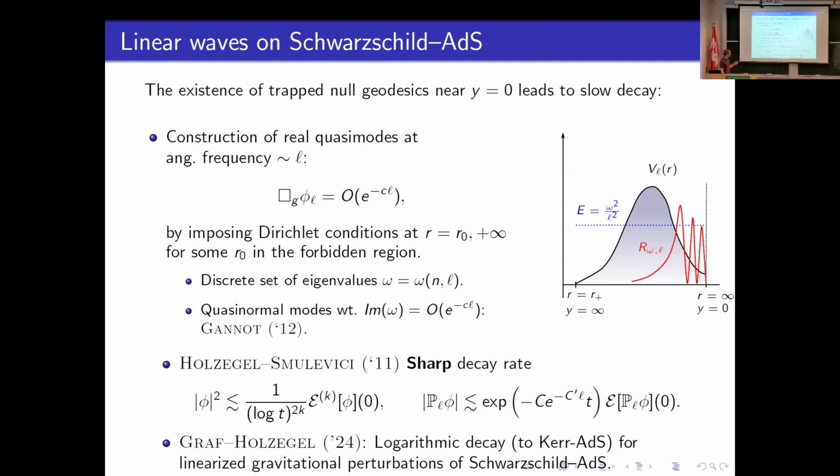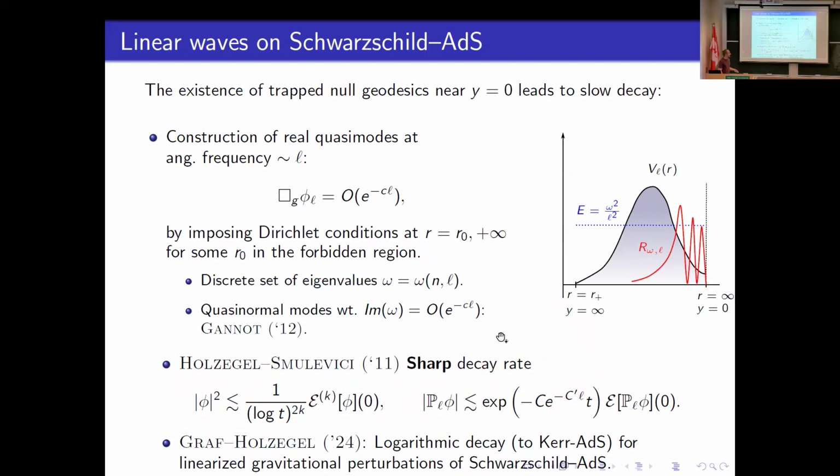In fact, Holzegel and Smulevici actually obtained the sharp decay rates for solutions to the wave equation in Schwarzschild-AdS. They showed that indeed, solutions to the wave equation decay logarithmically in time, and this is optimal in view of the quasi-modes. However, if I project the solution to any given spherical harmonic, the resulting expression will decay exponentially in time, albeit with a coefficient that decays exponentially fast with the frequency.